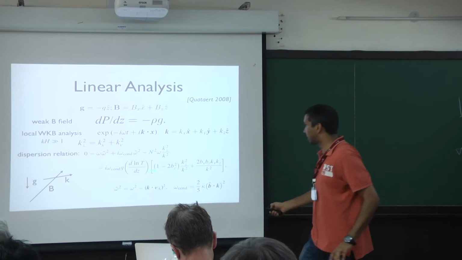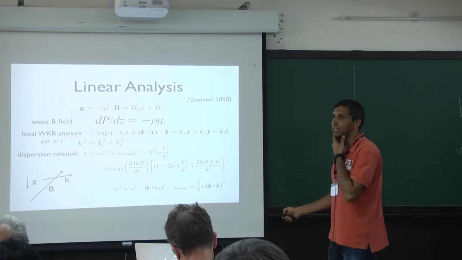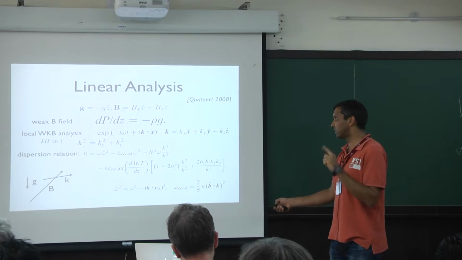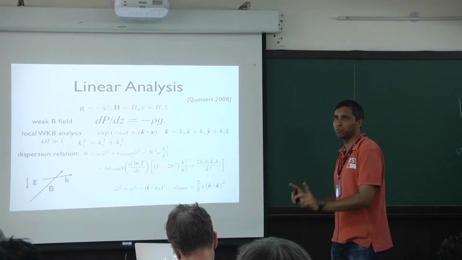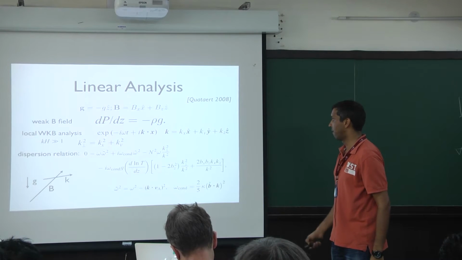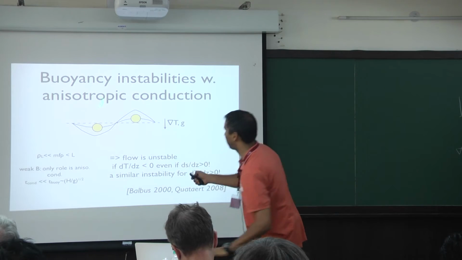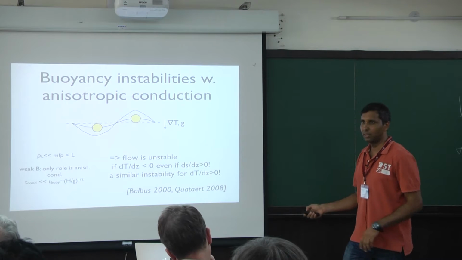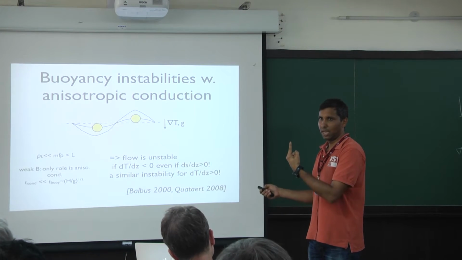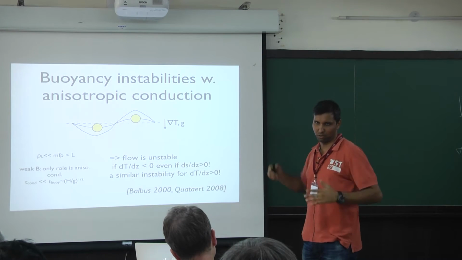And if we look at this, dT/dz negative has an instability, but dT/dz positive also has an instability because you can choose your magnetic field direction so that it is satisfied. So there is another instability which is slightly more difficult to explain in this simple picture, but that occurs when the temperature increases with height, and that instability has a tendency to make magnetic field lines horizontal.